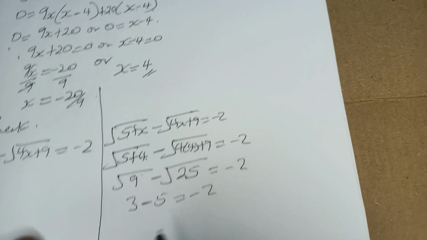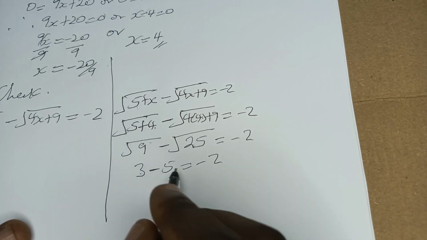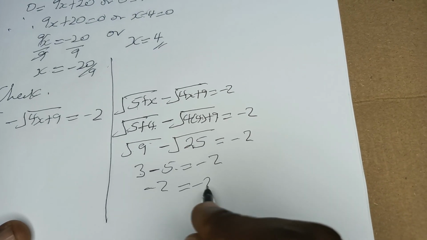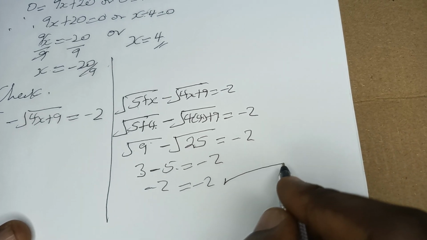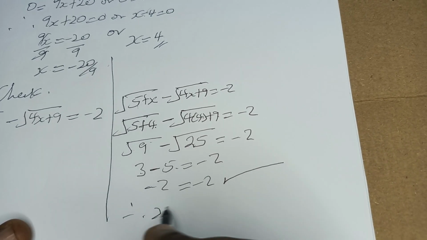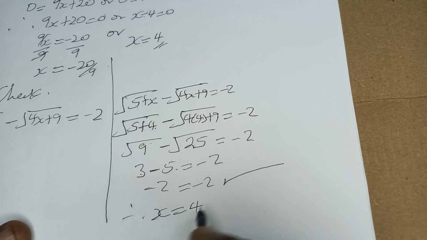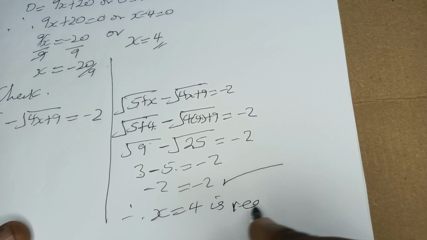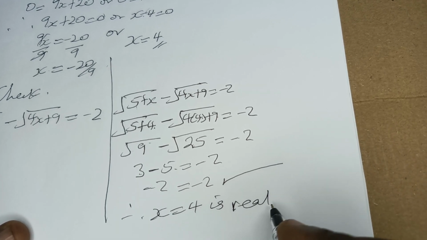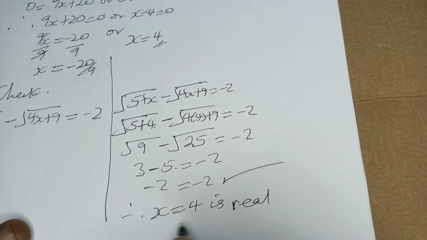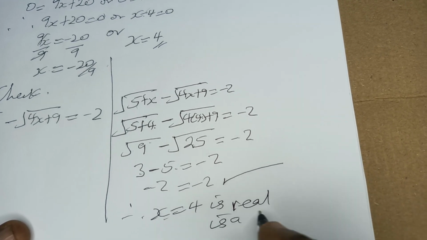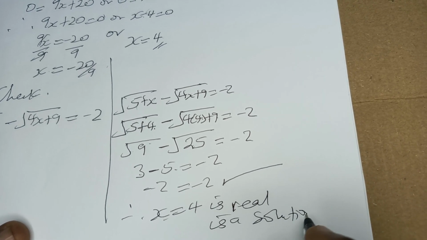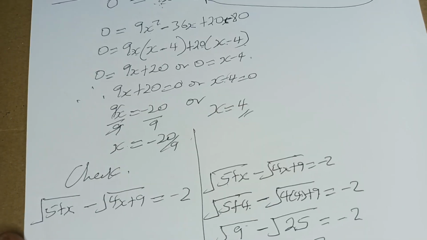Checking through this, 3 minus 5, that's minus 2, is equal to minus 2. This is correct. Therefore, x is equal to 4 is a real solution.